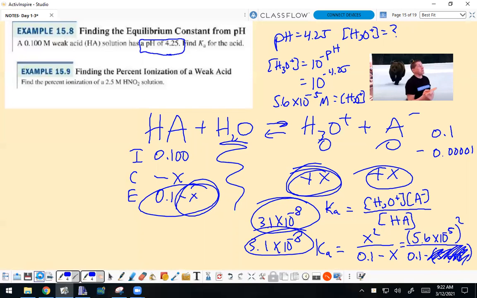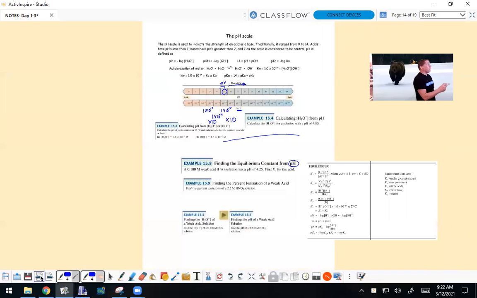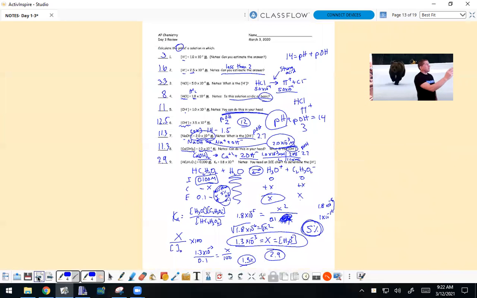In the previous problem that we did over here, and this last one, if we don't ignore the minus X in this equation, then we have to solve the quadratic equation. X is equal to negative B plus or minus the square root of B squared minus 4AC, all over 2A.